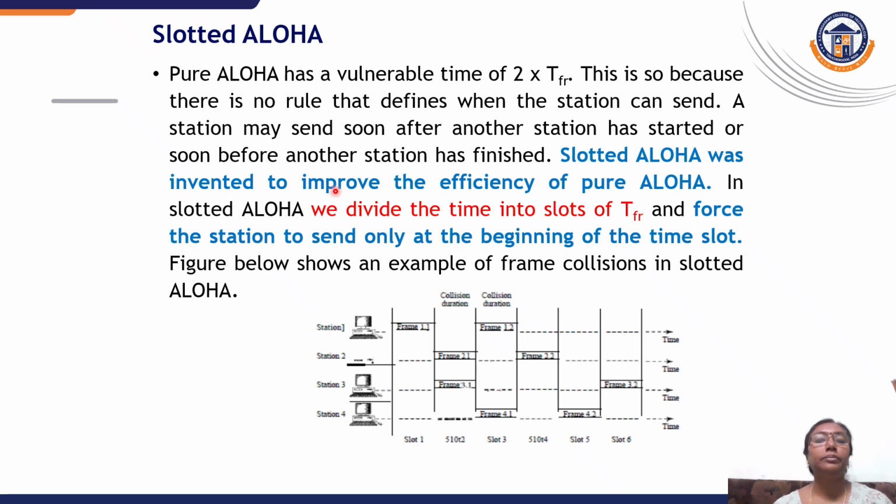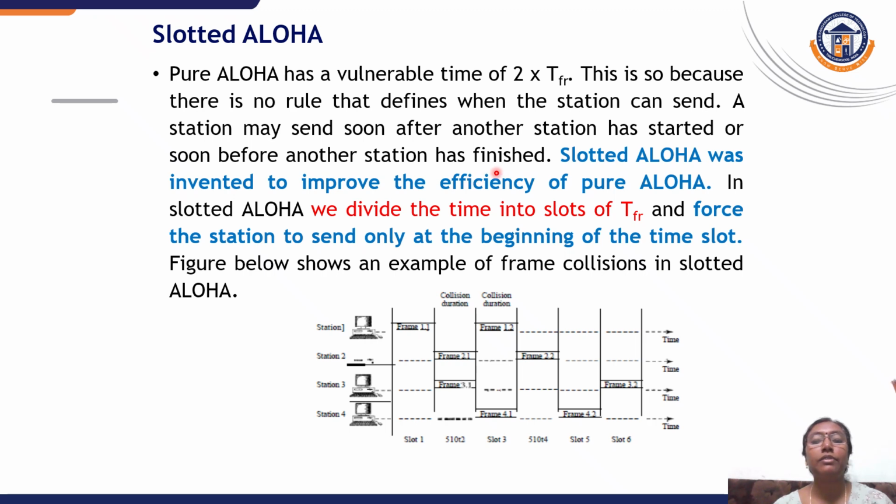Slotted Aloha. Pure Aloha has a vulnerable time of 2 times the frame transmission time. There is no rule about when the station can send, so if a station has a frame, it will send it soon after the station has started or another station has finished.